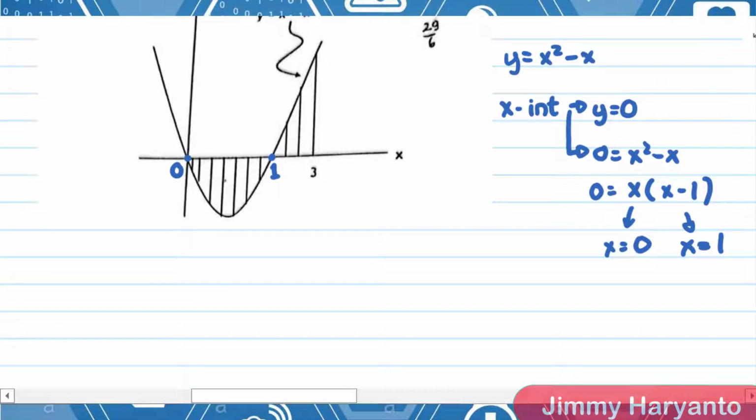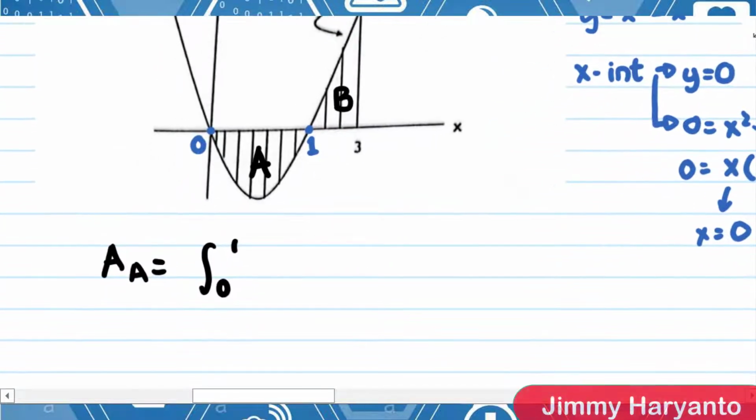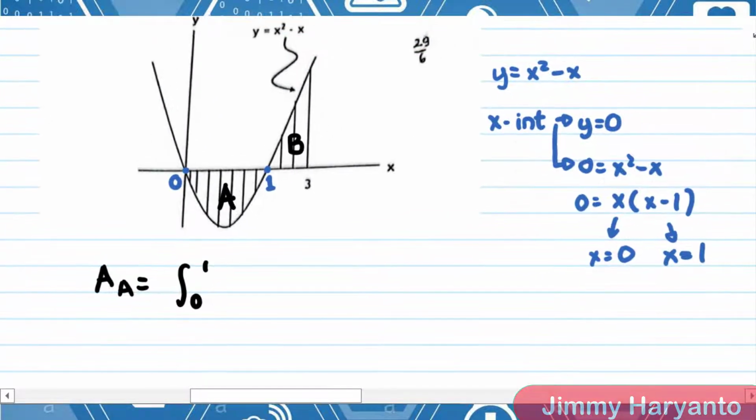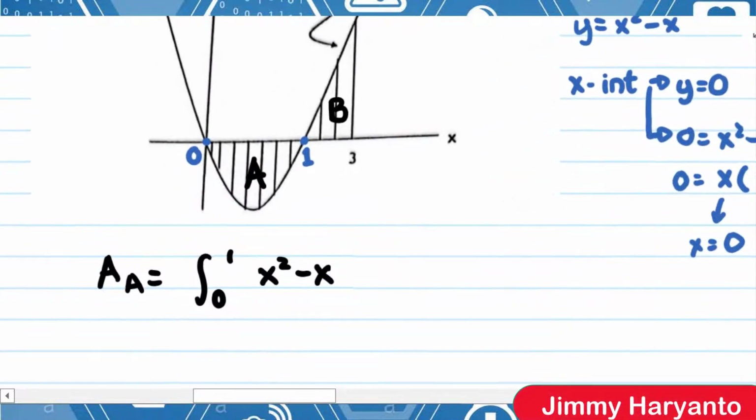So for the area you will have to calculate it twice. This one is area A and this one is area B. To find the area A, you can use integration from 0 until 1. The lower limit is 0 and the upper limit is 1, and the function is x squared minus x.